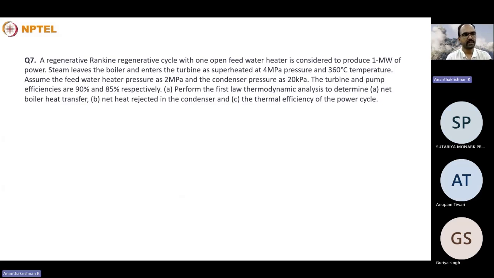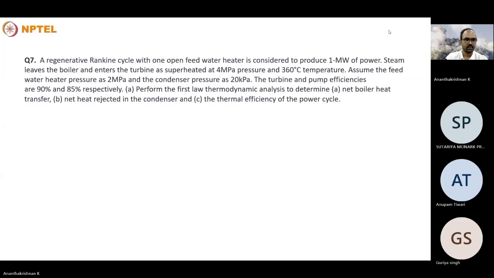Look into this problem. It's based on a Rankine regenerative cycle with an open feed water heater. So I'll read through the problem. A regenerative Rankine cycle with one open feed water heater is considered to produce 1 megawatt of power.